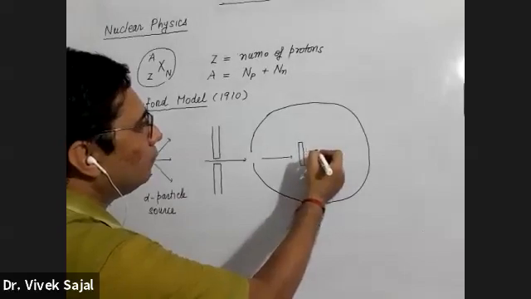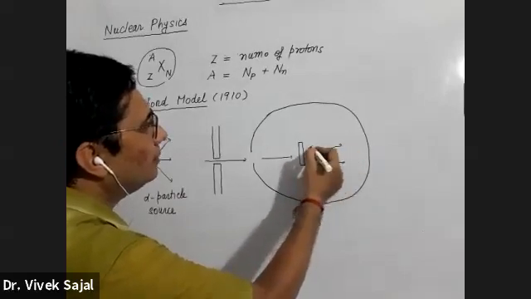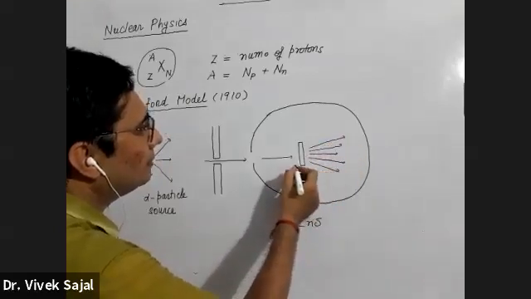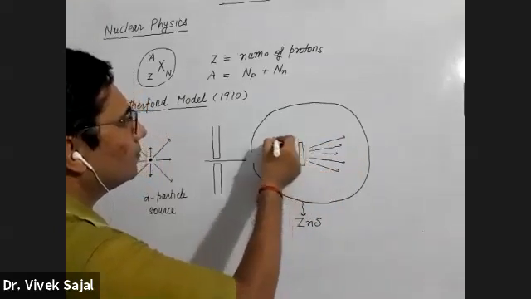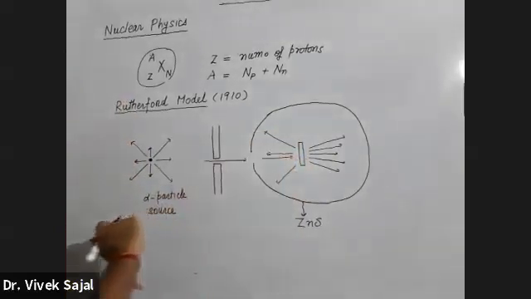When these alpha particles are striking the gold plate, Rutherford observed a few very interesting results, and this type of scattering he has observed. He found that most of the alpha particles are propagating in the forward direction.